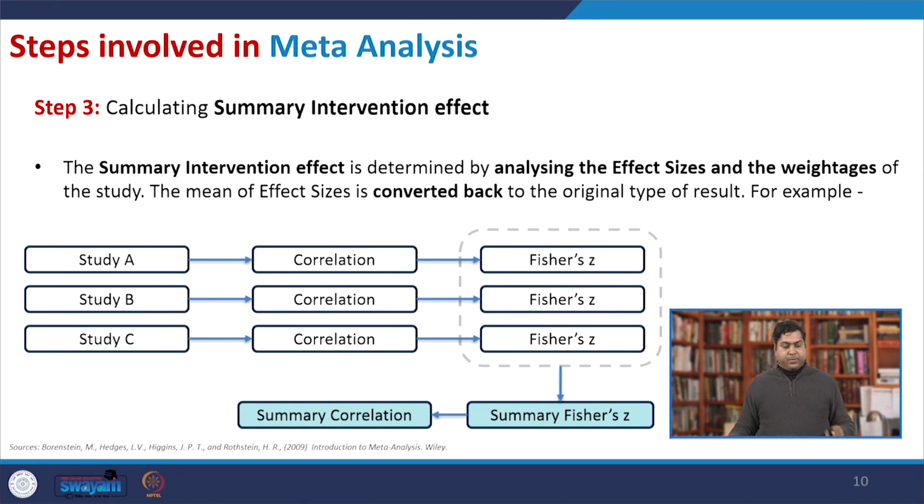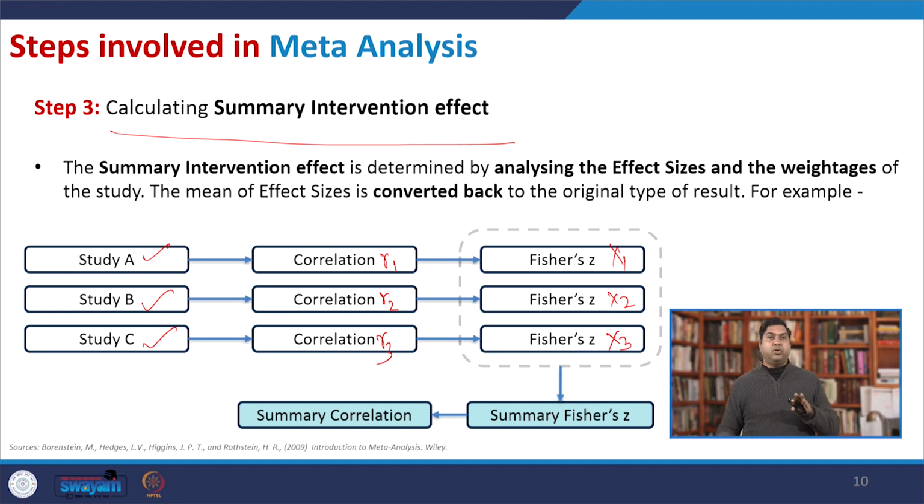Now, for example, calculating the summary intervention effect. Say we have studies A, B and C. Then we know correlation 1, correlation 2, correlation 3 and the corresponding values. If I denote them with x, so x1, x2 and x3, these are the input for the meta analysis.